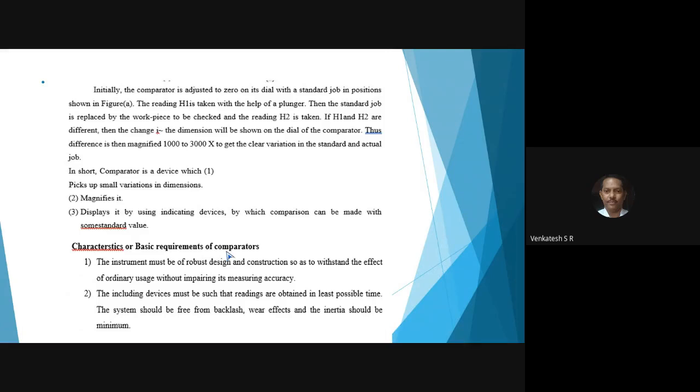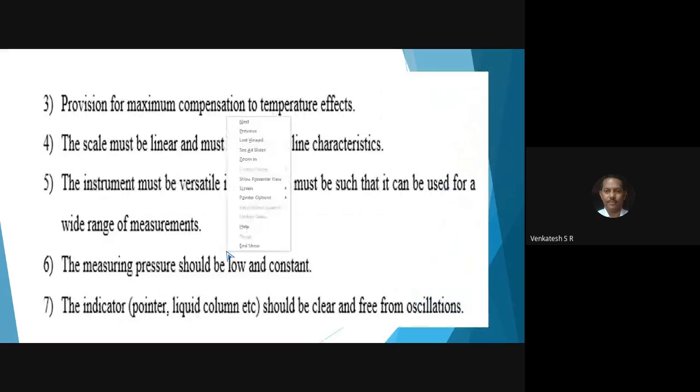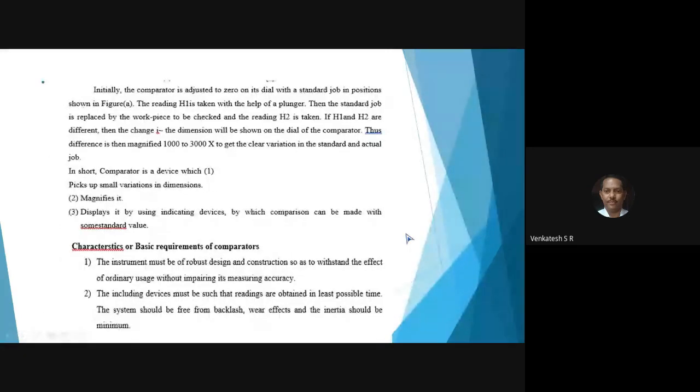Continue the question: list the characteristics or requirements of comparator. Requirements of comparator.